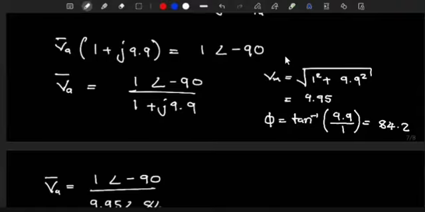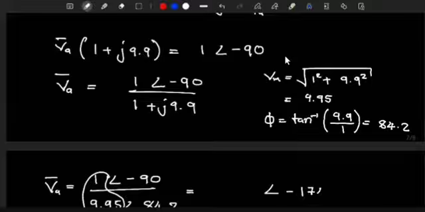Now when we get the answer, the magnitude part will divide and the angles will subtract. So I have 90 minus answer. We get negative 174.2.